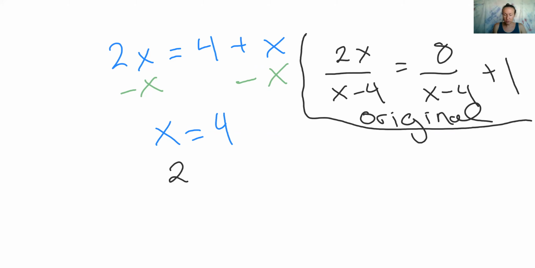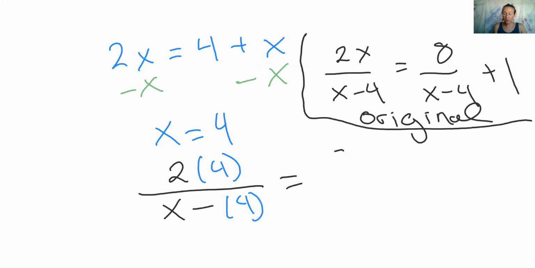So we've got 2 times 4 over 4 minus 4 is equal to 8 over, sorry, that's not an x minus 4 there, that should be a 4 minus 4.